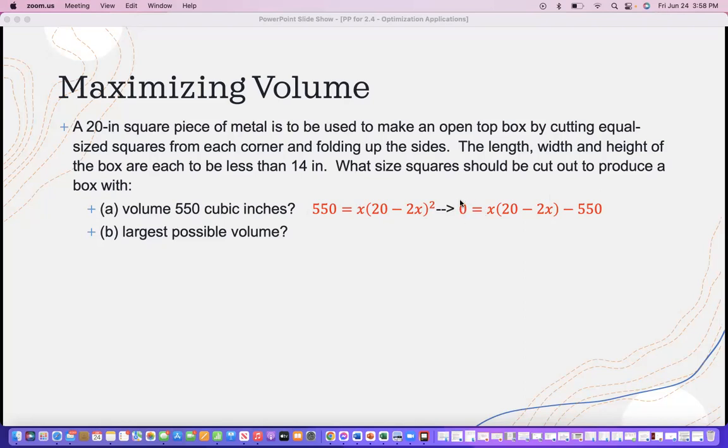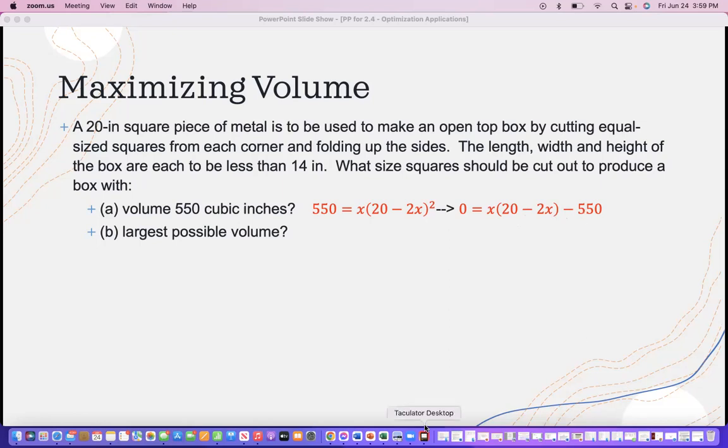When I know I have an equation that's set equal to 0, that means I'm looking for where it crosses the x-axis. And in this case, that's what I'm interested in. The x values, where it crosses the x-axis here at 0, is going to tell me what dimensions, or at least one of the dimensions, and then from that, I can figure out what the other two dimensions would be, because they're going to be 20 minus 2x.